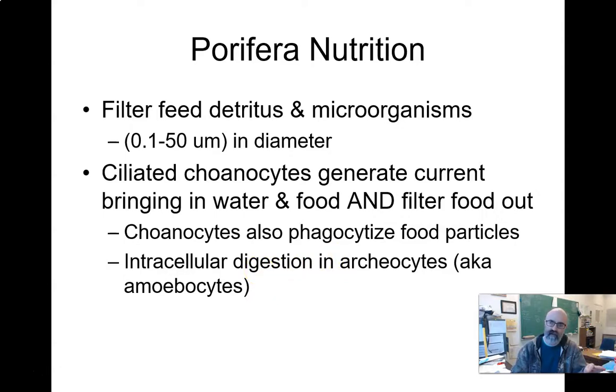Those cells are kind of loosely multicellular. They are more independent than our cells are, right? So this is sort of the early experiment of multicellular animals. In fact, you can take a sponge and blend it up, and the cells are independent enough that they can just come back together and form a new sponge.